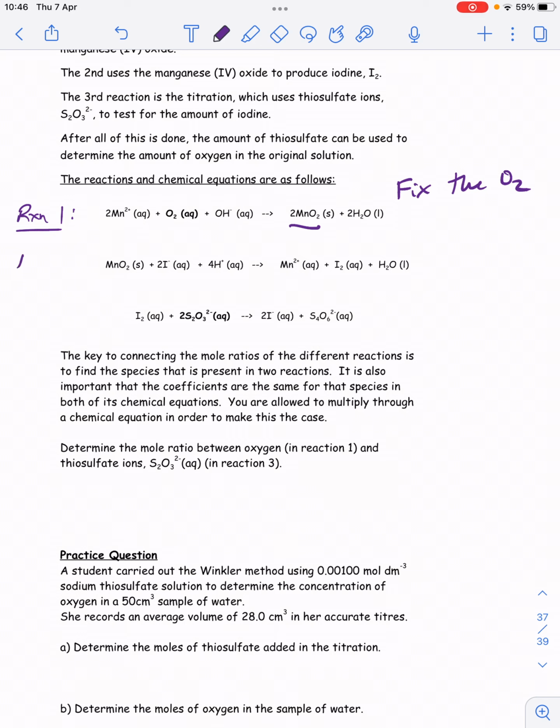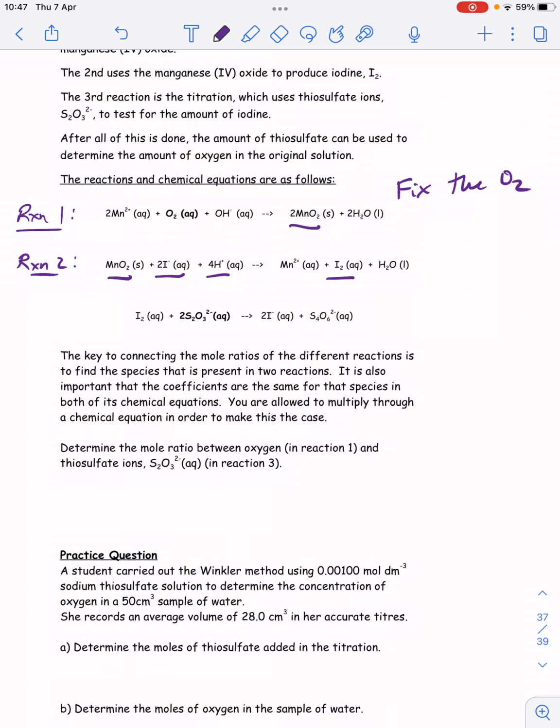And the second step is... we're also not going to titrate for that manganese dioxide, though. We're going to take this manganese dioxide compound and do another reaction with some iodide ions and some acid present. That will cause the manganese dioxide to dissolve, and it will make some iodine. Now, why do we want to make iodine?